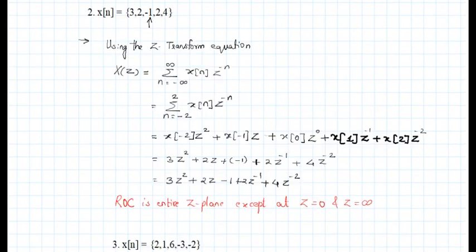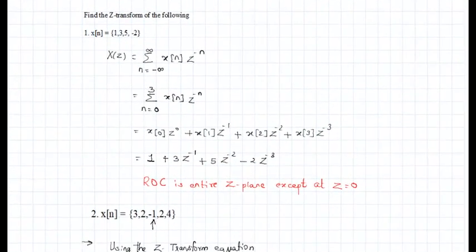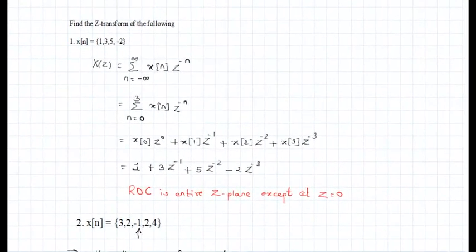So let us now solve certain problems on Z transform. Okay, so here is the first problem statement. It says find Z transform of the following signal. Whatever theoretical discussion we just did, we can understand in a much better way when we start to actually apply it. Correct? We start to understand what is Z transform, what is the ROC, right?